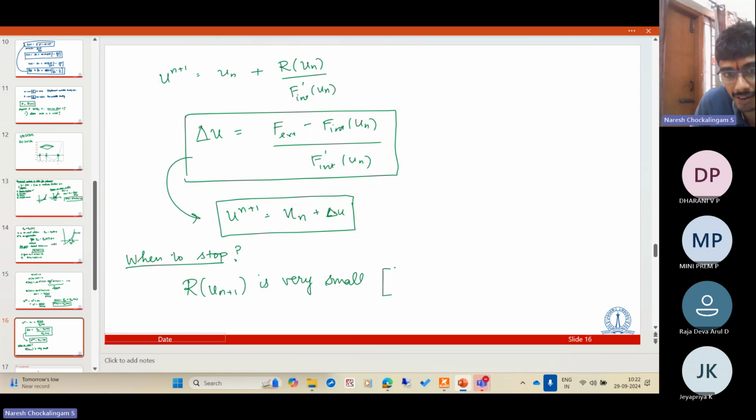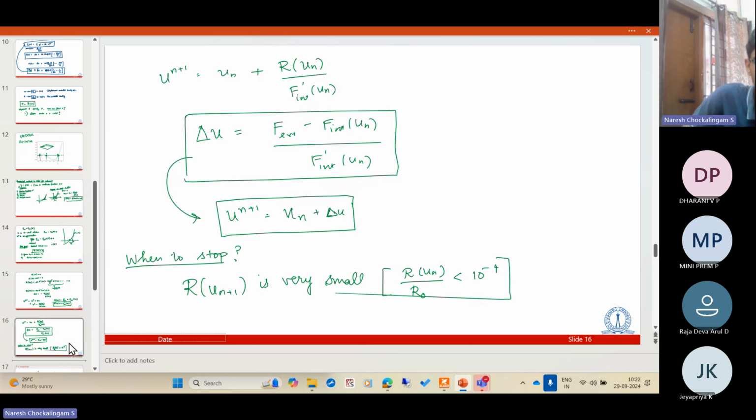So let me take the relative error in r of un. You remember r naught is the initial residual. If it is less than some 10 power minus 4, I'm going to stop the iterations. So very good. So this will work, right?